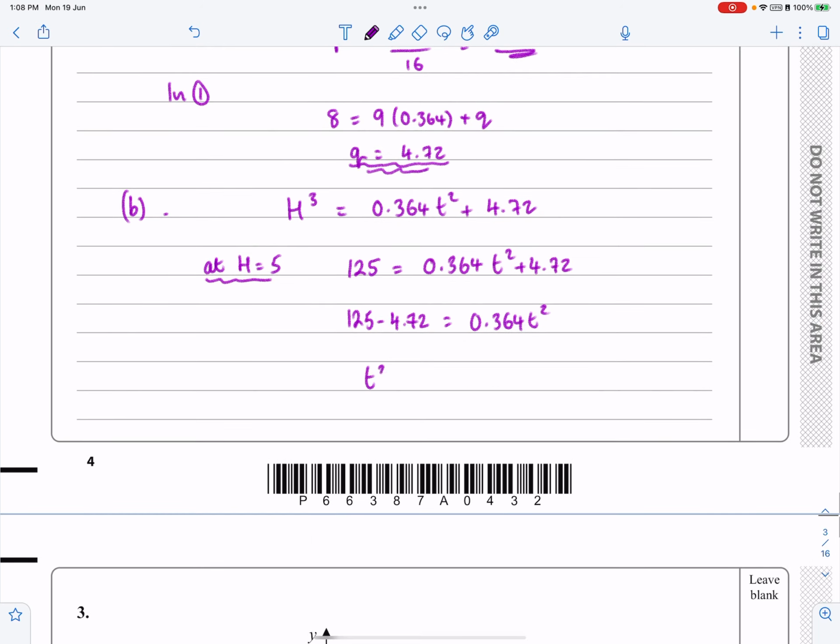And so T squared is going to be that value divided by 0.364, which leads to T working out to be equal to 18.2, correct to 1 decimal place. Okay, nice easy question for question number 2.